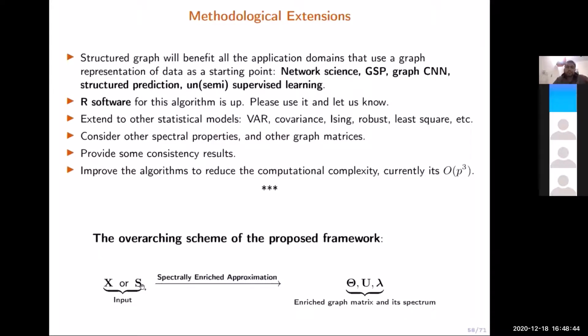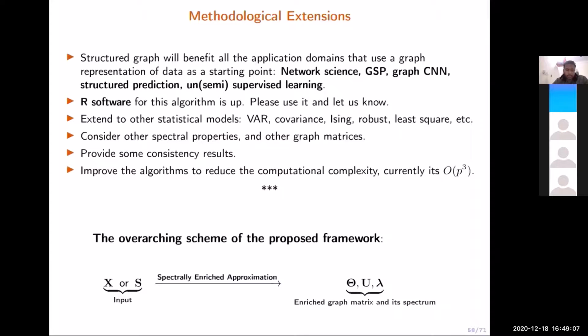So given data or the noisy graph matrix, we have approximated it to theta, and in hindsight, we have certain constraints, and the constraints are focusing on the spectral properties. So we can say that we have simply done a spectrally enriched approximation. That is the thing that we have done.